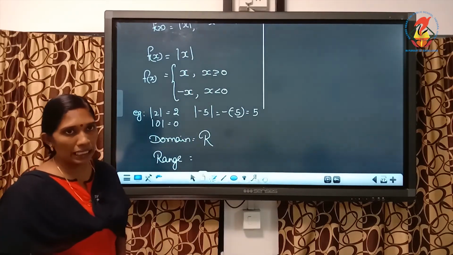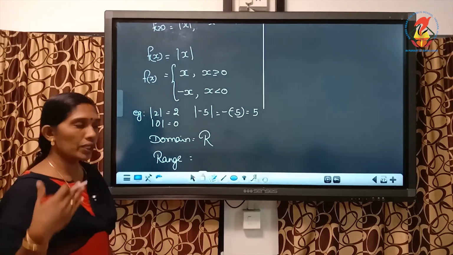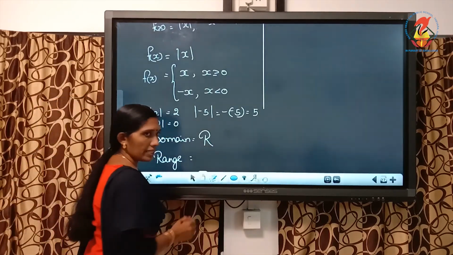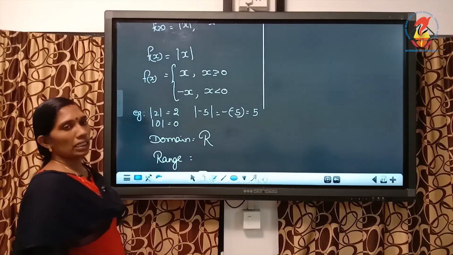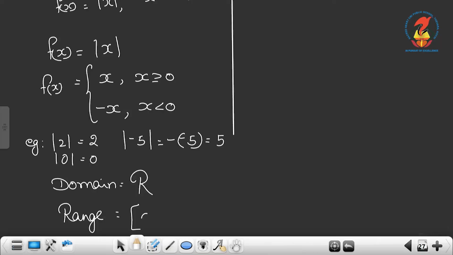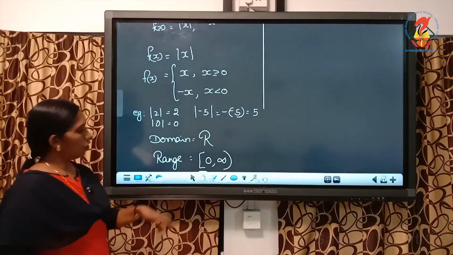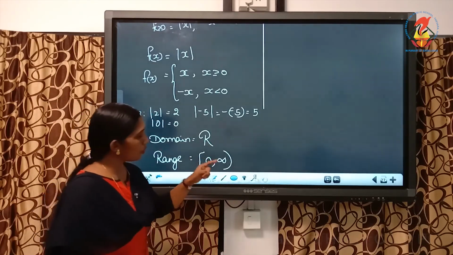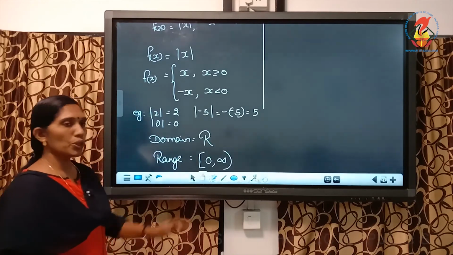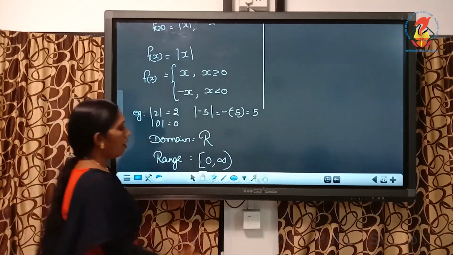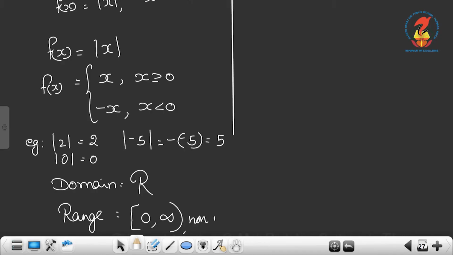It cannot be negative, 0 or more than 0. So you can write it as non-negative real numbers, or you will get 0 as the answer, then 0 to the positive side, 0 to infinity you can write. Or how do we write? Non-negative real numbers.